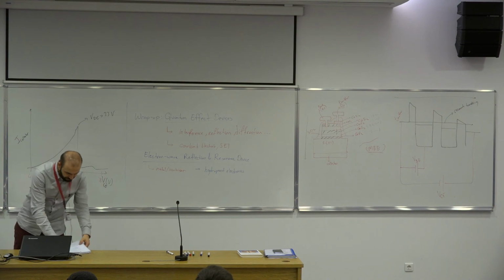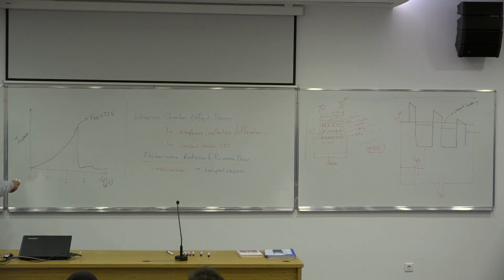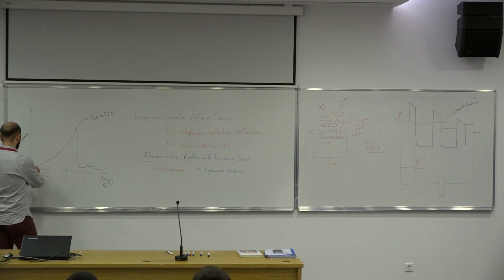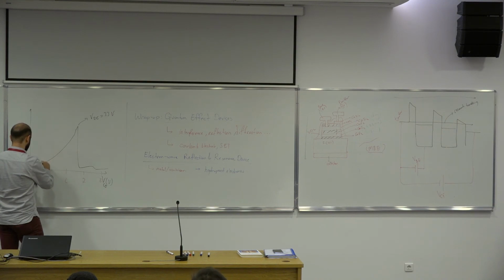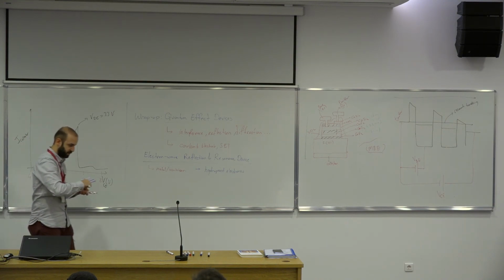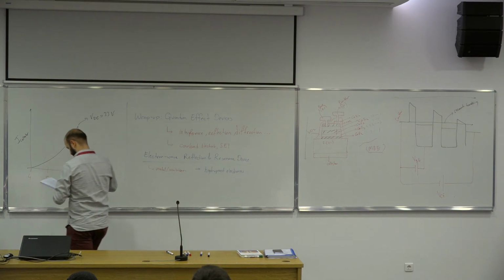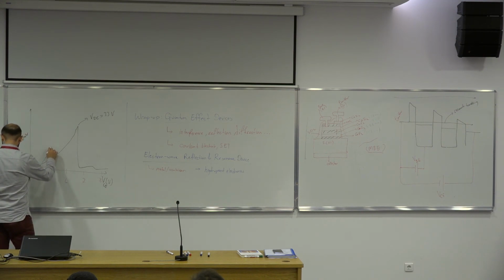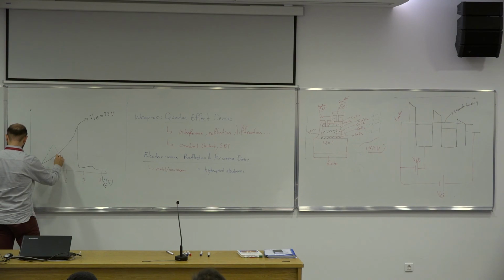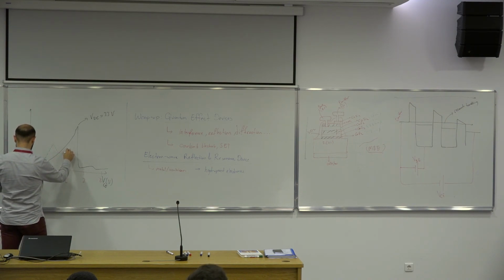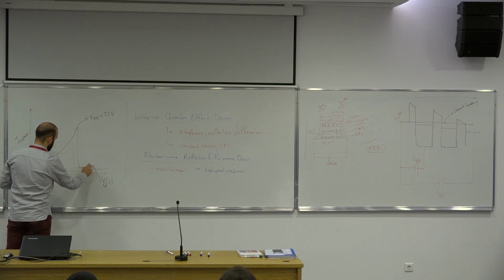So let's take a look at another base emitter voltage. One of them does something like this. It increases, and then goes down, and then goes up.